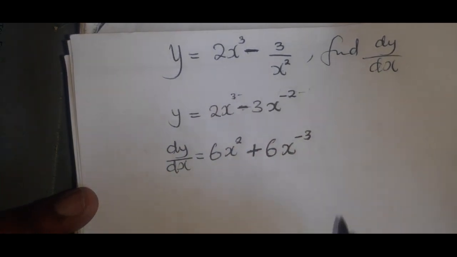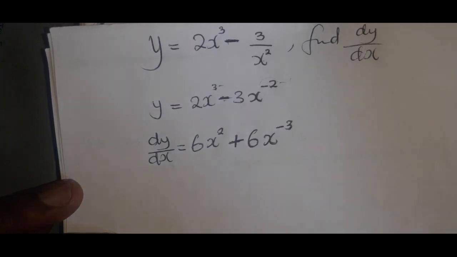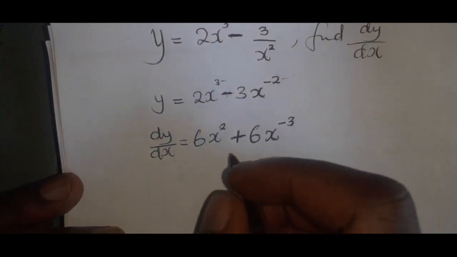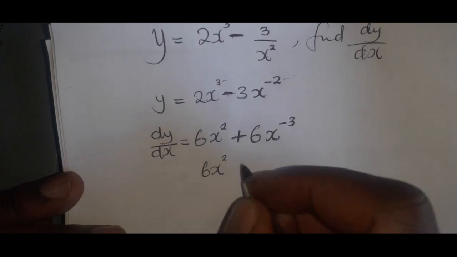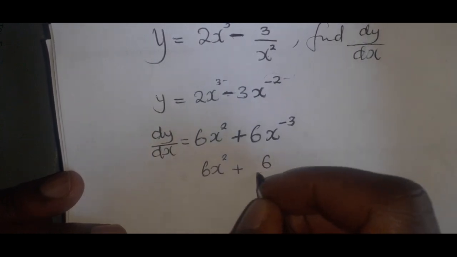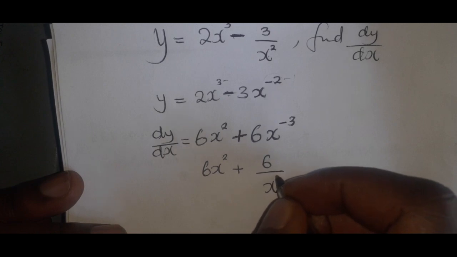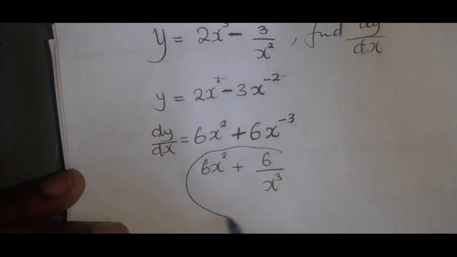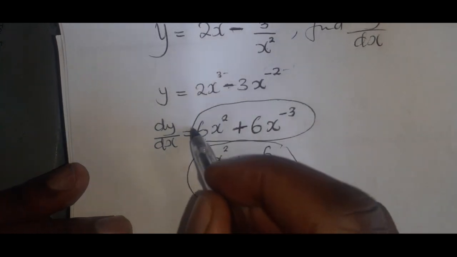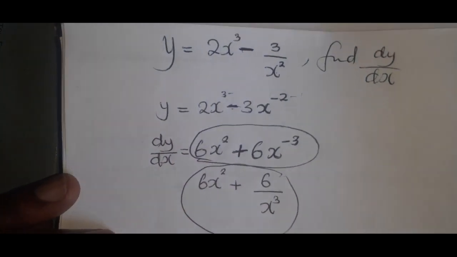So this is what is going to be our answer. But you can rewrite it to take it back to where it was, as this one will come down here to get rid of the negative. So it could be this one or this. That's what will be our answer.